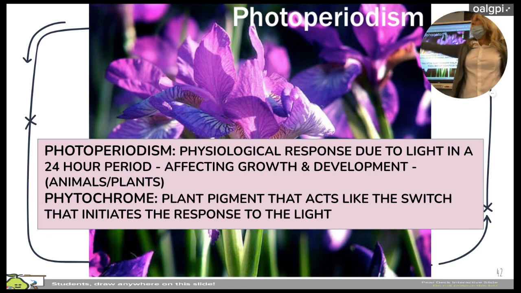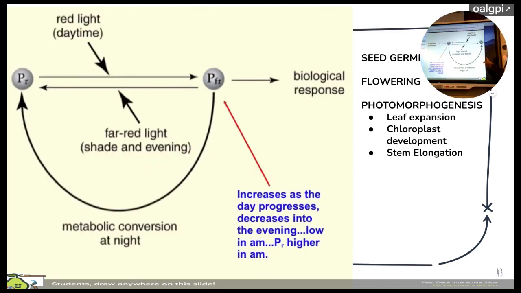Some plants are long day plants, and some are short day plants, which means they need a long night, because it's really the length of the night. If you interrupt a long night with a flash of light, then it becomes a short night, okay?